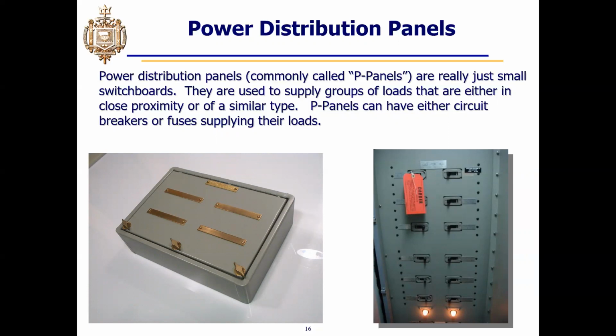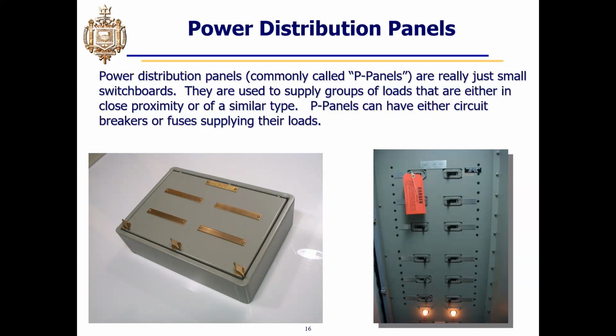All of the loads of nucleonics, which is for the engineering laboratory technicians, are supplied off of just one panel. So if there's any kind of an interruption of power for any of the tests they're doing, they know exactly which panel to go to.